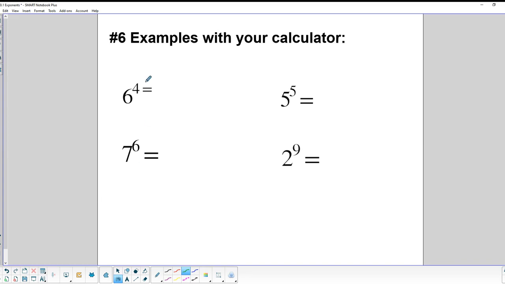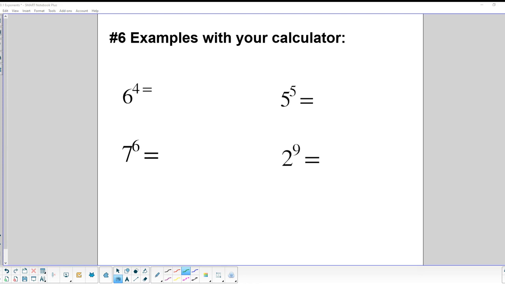So number 6, 6 to the 4th power. We're going to use our calculator. Now I've grabbed a calculator that's very similar to the one that we have in the classroom, just a little bit different. So this is going to be 6. I hit that little caret key, and this has got a little box that's flashing now. Yours may not show the caret key or this flashing box.